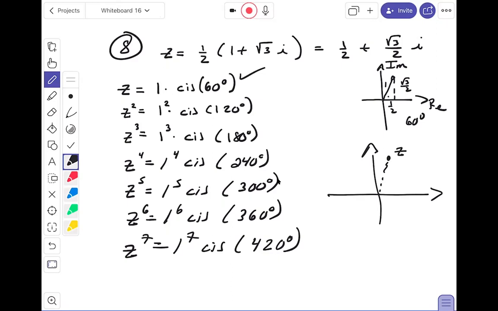It's 60 and 60, right? That's 120. The reference there would be 60, right? So something like this. Okay, that one's done. Then I've got 180. These are all 1 unit from the pole here. This is going to be z squared. This will be z cubed.